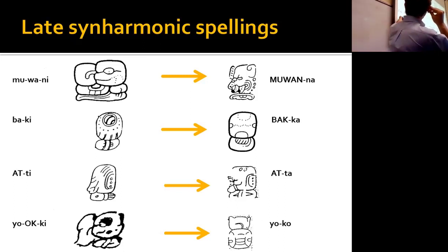The word at, penis, is spelled at t and then at ta. The word for foot, his foot, yok, ti, is now spelled as yoko. The word for hawk, muwan, is spelled muwan na. And the word for bone, baki, is spelled as baka.